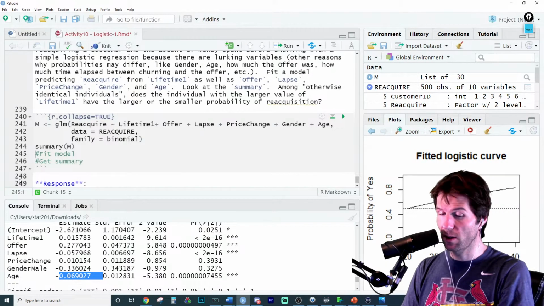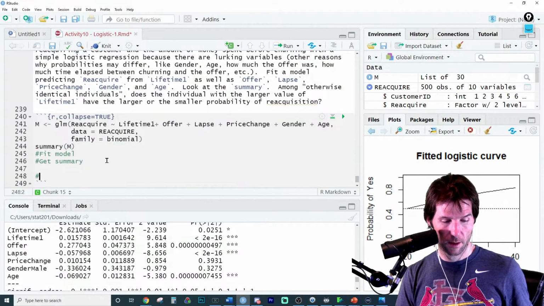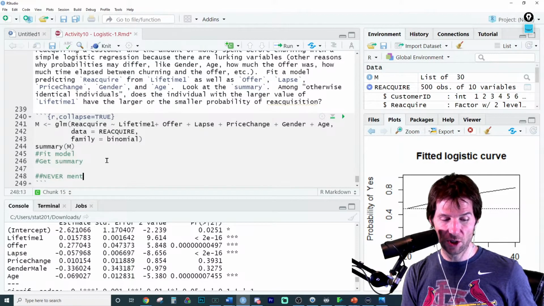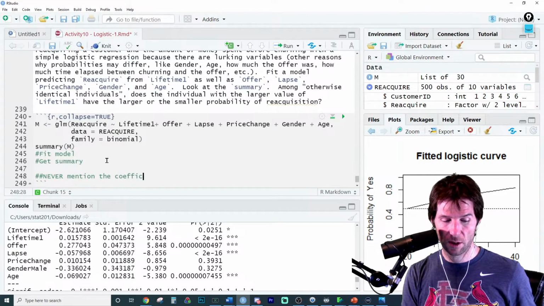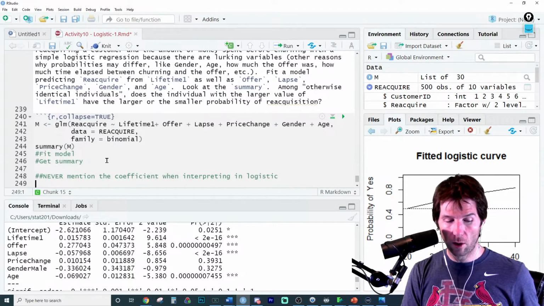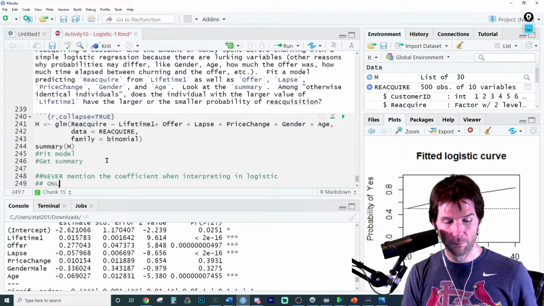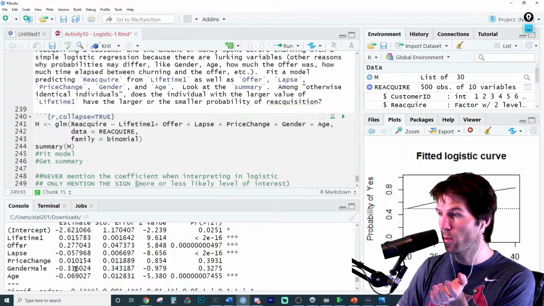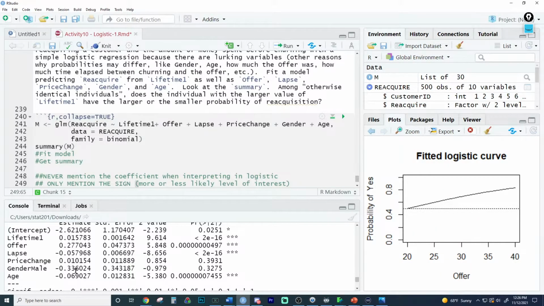So please listen up to this too. Never mention the coefficient when interpreting in logistic regression. Only mention the sign. More or less likely, level of interest. You'll never hear me mentioning this value because the change is not a constant change.